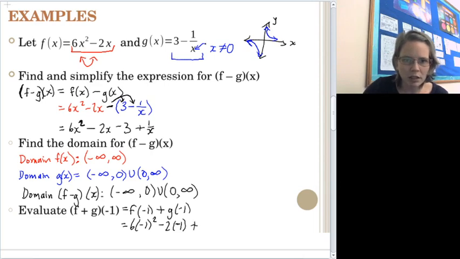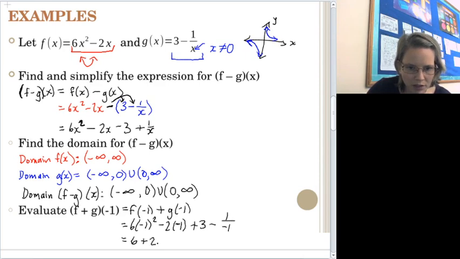Plus g of negative 1, plug a negative 1 in for x. So that's a 3 minus 1 over negative 1. Simplify that down. So this is going to be 6 plus 2 plus 3 plus 1. And I think if you add that all together, that comes out to be 12.